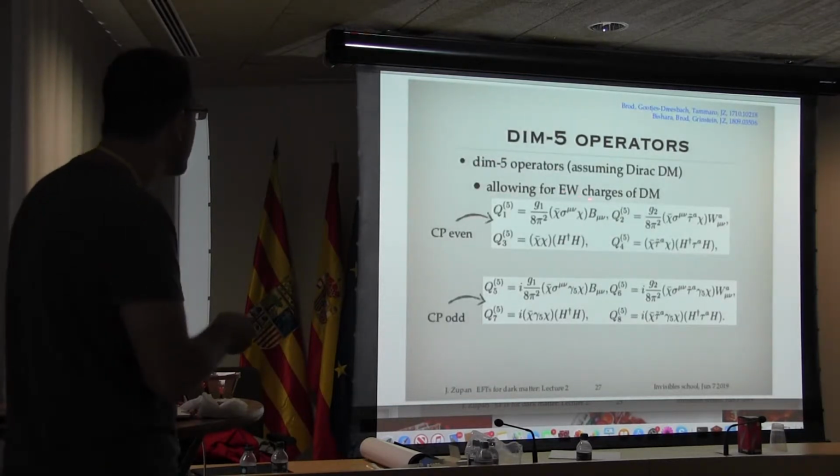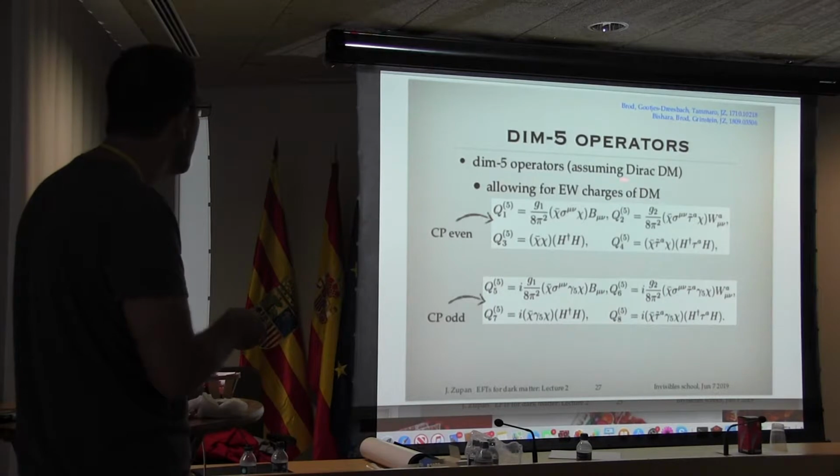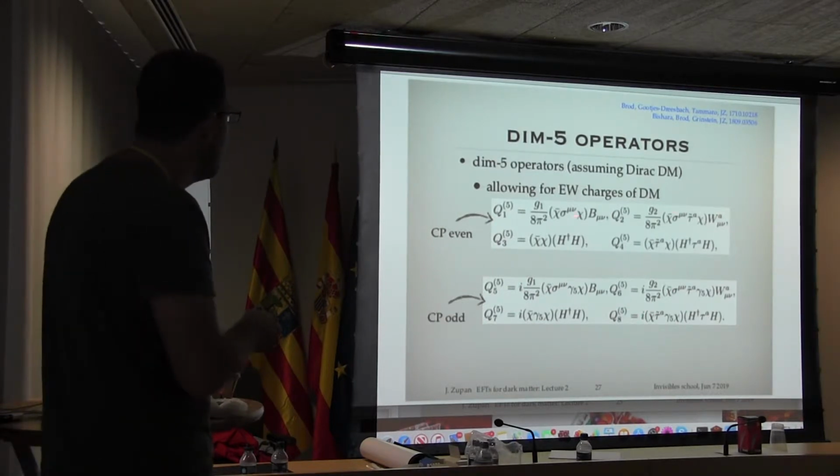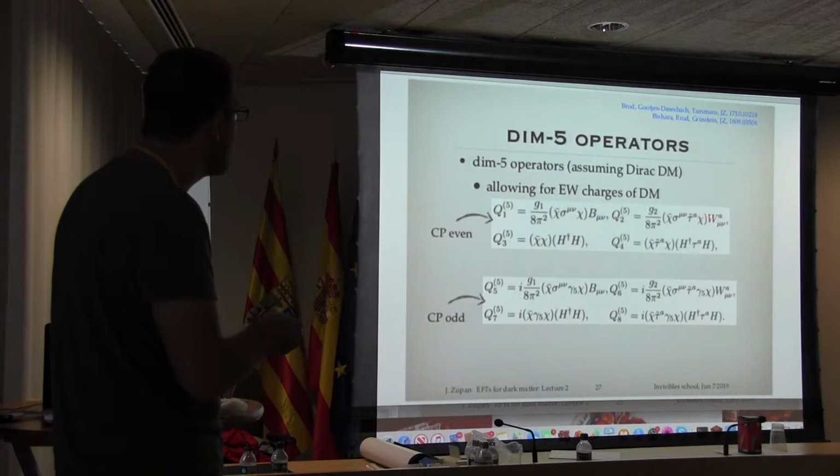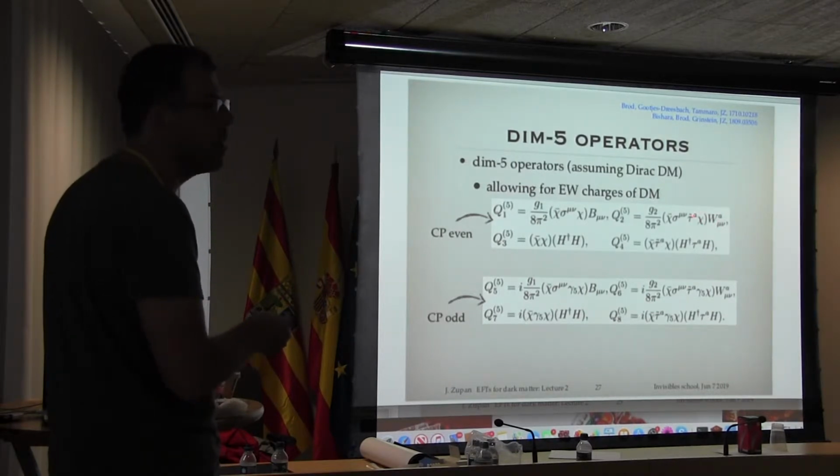So we allow for electroweak charges of dark matter, and here I assume Dirac dark matter, and there are only 8 operators. They have a structure that you know already, so it's the equivalent of the magnetic moment, but now with a hypercharge, or you can also couple to the triplet of the W's, because the chi carries the electroweak charges.